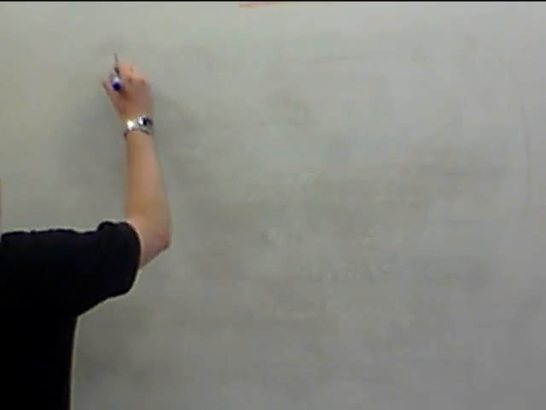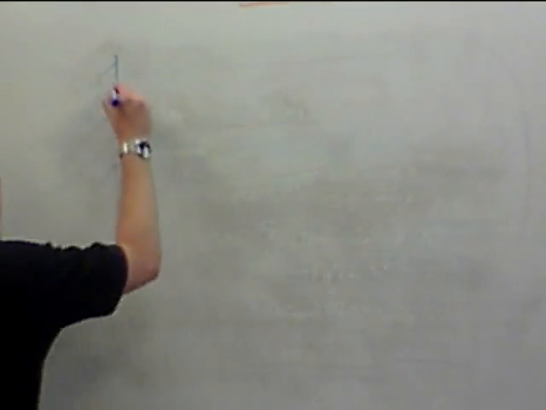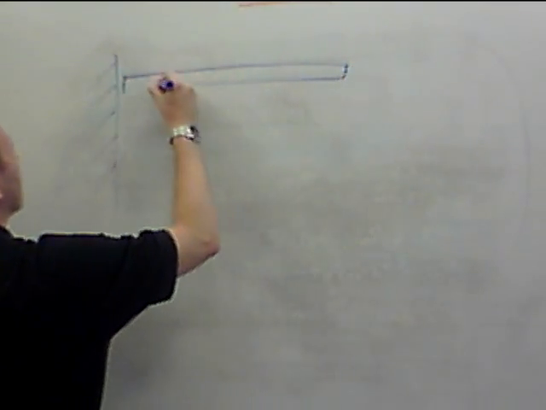Continuing here, next we'll take a look at, we're going to have a fixed wall here with a beam that is pinned at the end here. I may have drawn this a little bit too big, but that's fine.